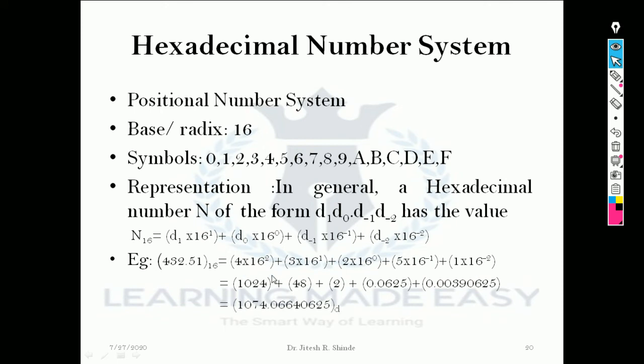On evaluating and summing up, we get the answer 1074.06640625 decimal. This example gives us the idea of how, using the knowledge of a positional number system, we can convert a hexadecimal number into a decimal number.